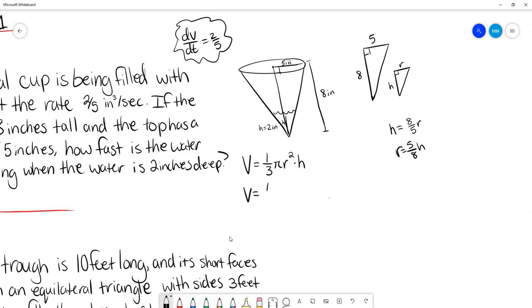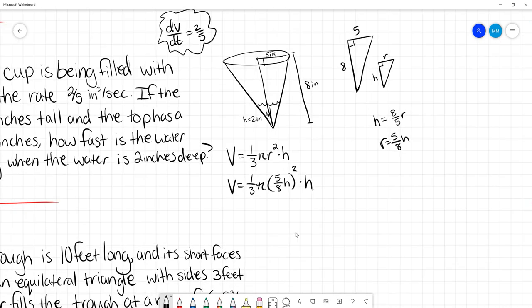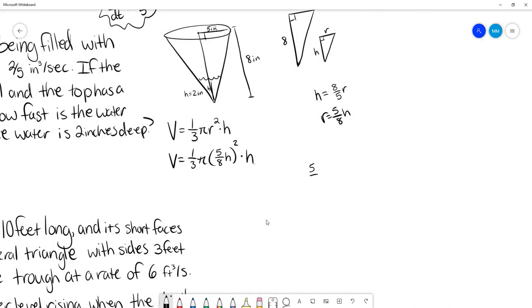So I'm going to rewrite this as 1/3 pi, and our r is 5/8 of h squared times h. And of course, these are going to be combined. So let's see, 5/8 squared is going to be 25/64.